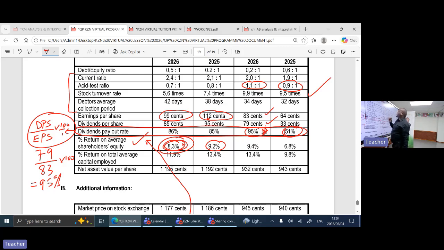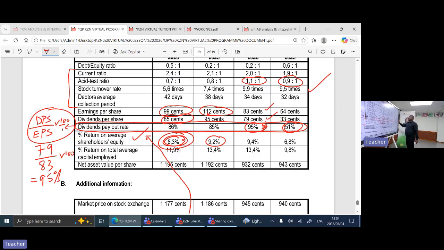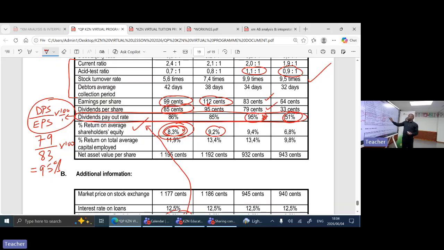So let's look at what he got. Now, how would you tackle this question? You would compare the dividends with the NAV or the market price. For example, what was the NAV?